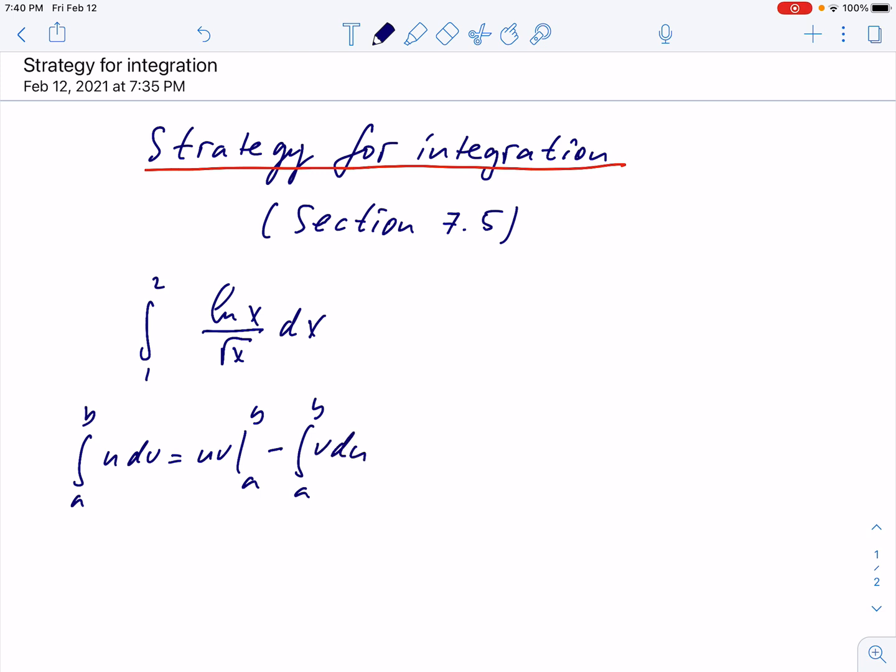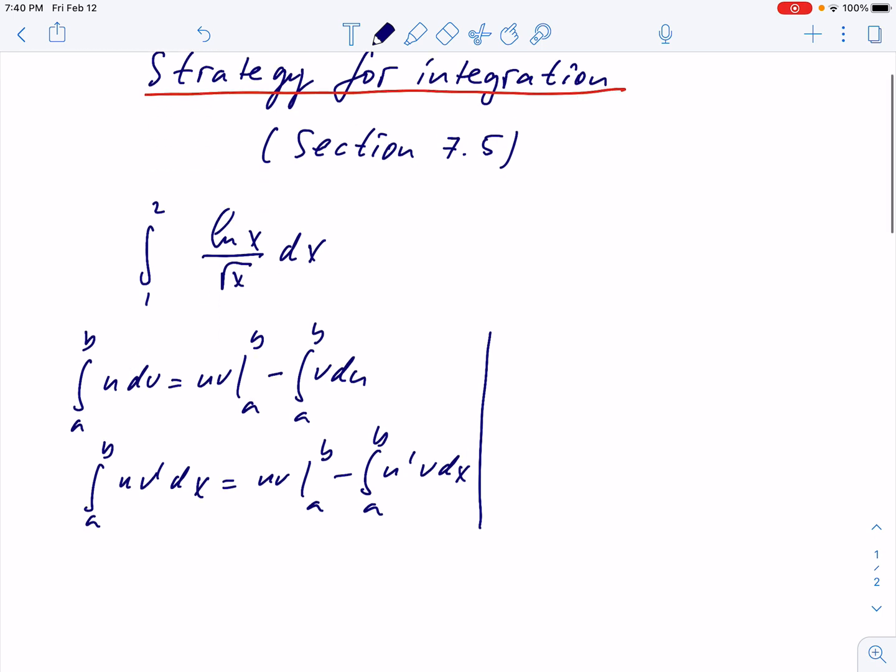Or written with derivatives, integral of u v prime dx equals uv from a to b minus integral of u prime v dx. So u and v change places. And we want the second integral to be simpler.